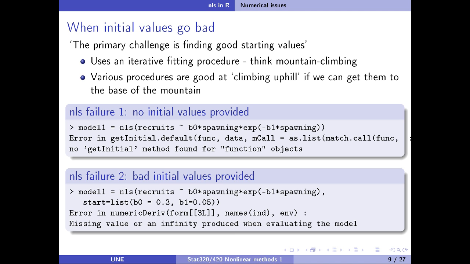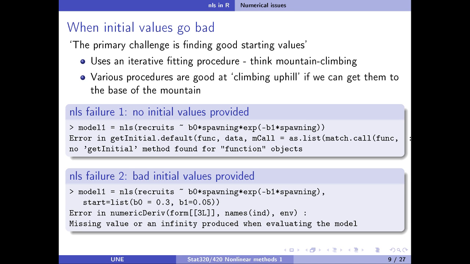I've just said NLS recruits tilde B0 times spawning times exp minus B1 times spawning, but I haven't said start equals list. And it says error in getInitial, no getInitial method found for function objects. That's because there are a few functions that have built-in methods for developing initial values, but this isn't one of them. So it just says it doesn't know what to do.